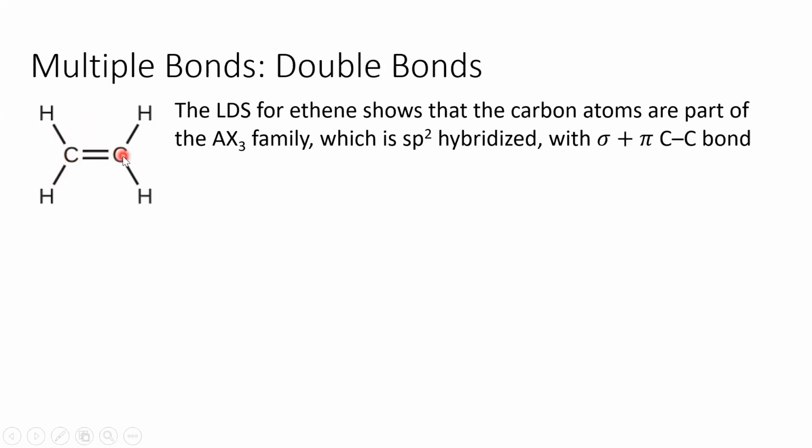Out of the 3 p orbitals, 2 of them are involved in the hybridization. 1 of them is not.